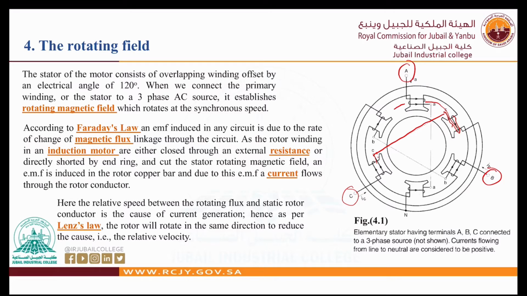And as you can see here, the winding of A, and here is the winding of B, and here is the winding for C. So we have three phase windings separated by 120 degrees, and the current flowing from the line to the neutral is considered to be positive.